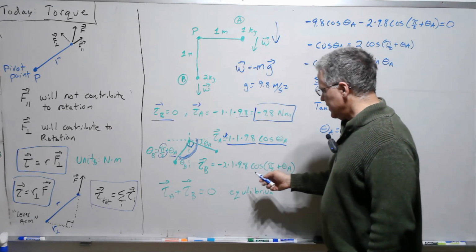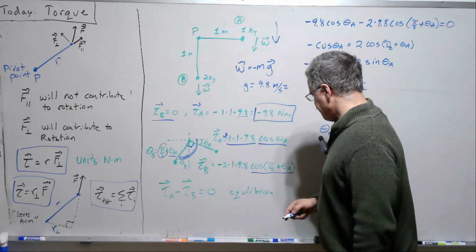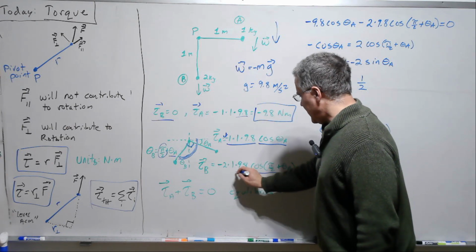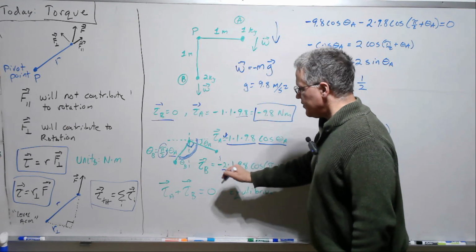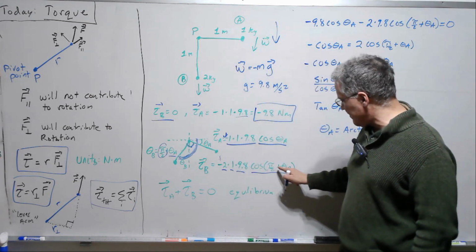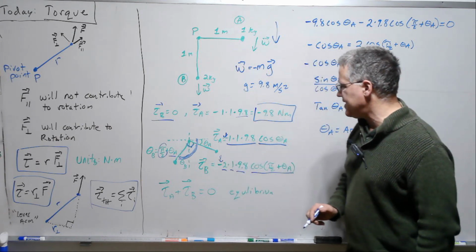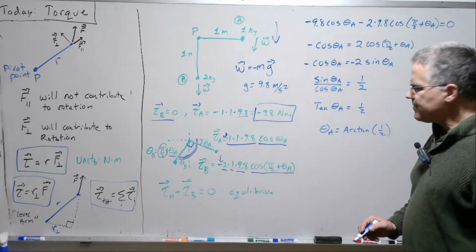Now, let's get torque B. That's this, 9.8 times 2. Now notice, this is going to want to push this way, right? But that's going to take care of itself with this cosine, because this cosine will go negative. So we still leave that negative sign there.